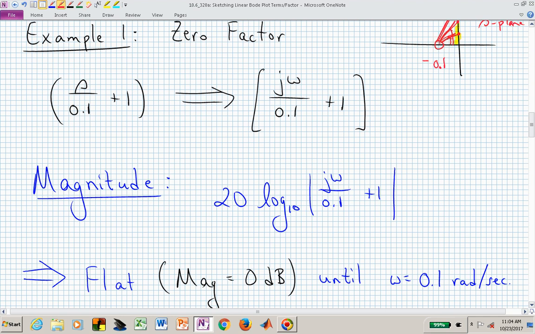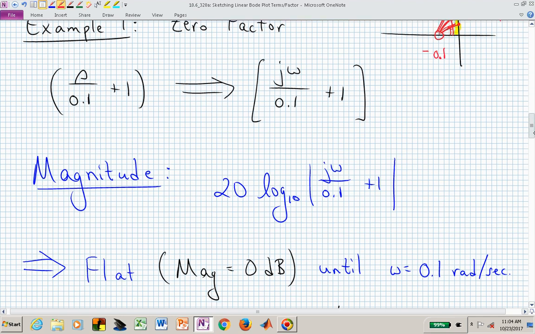Anything at 0.01 or smaller in frequency is small, and if we looked at the magnitude of j 0.1 plus 1, we can pretty much neglect the imaginary component and just say we're looking at log of 1. Log of 1 is 0. That's why we can say we're flat, or we have a magnitude of 0 dB.